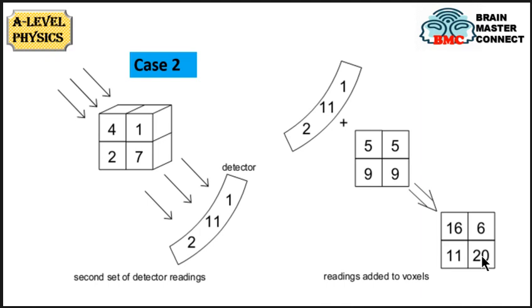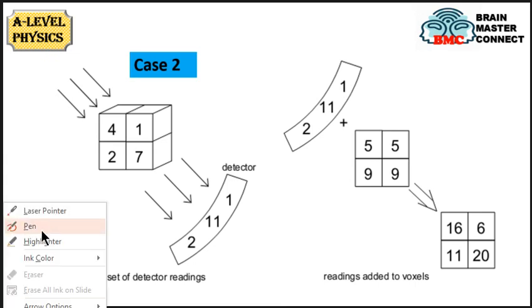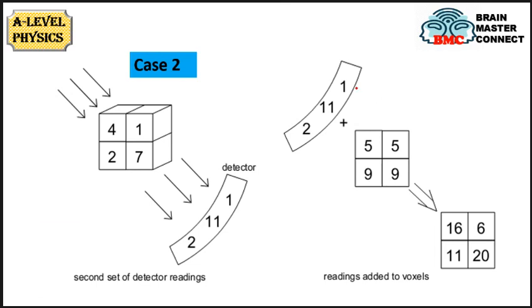How do we do that? It's very simple. All I got to do is to add this to this. Just look at the direction. It's very, very simple. If you feel you are going to get confused, you can use an arrow to indicate this is for this. Then this 11 is for the one in the middle. So it's serving two purposes here. It's serving 5 as well as serving 9. Then 2 here is for this.